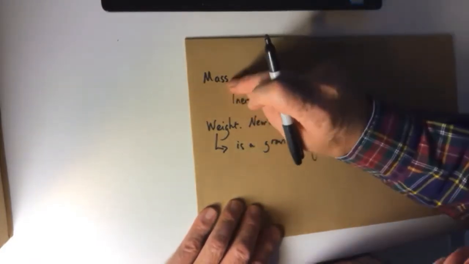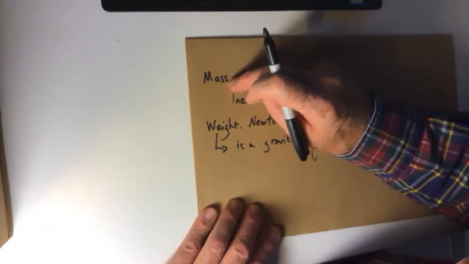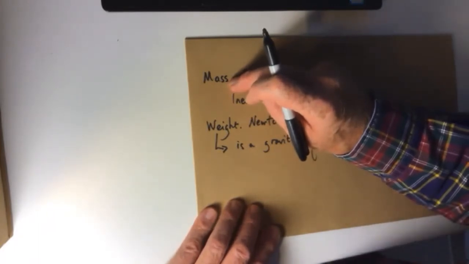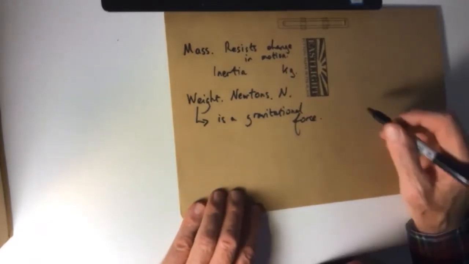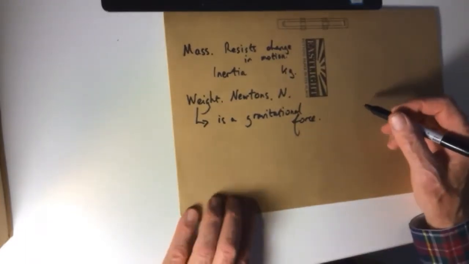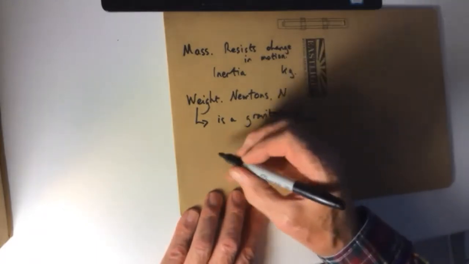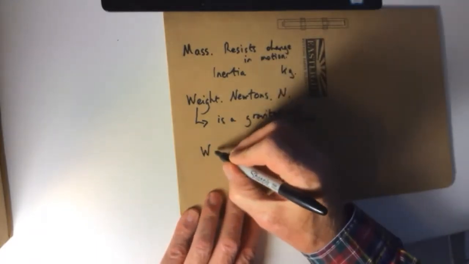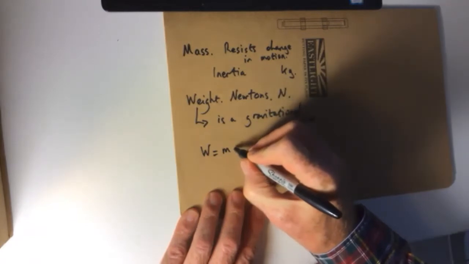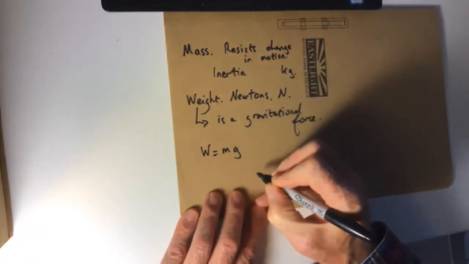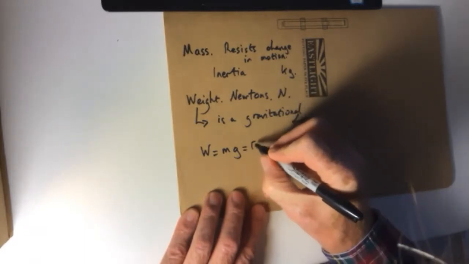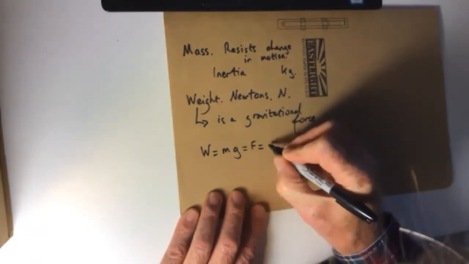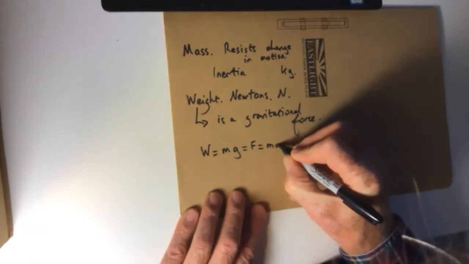Mass is something called a scalar. It only has size, but not a direction. That's pretty neat, guys. And anything else we need to mention? We can just say that weight equals mass times gravity. And don't forget, that's equal to a force, and a force is equal to a mass times an acceleration.